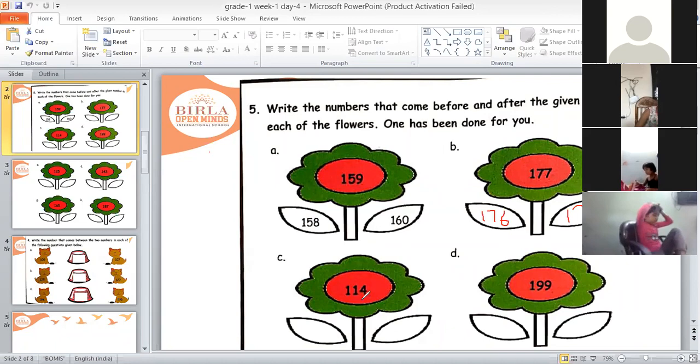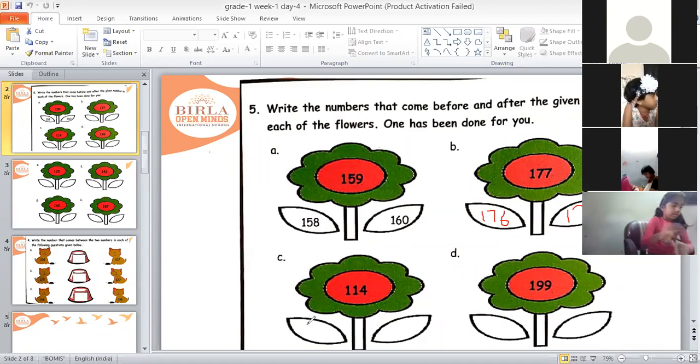114. No, I am talking about the number which is inside this flower. What is that number? 114. Okay, so now tell me what comes just before 114. Before means previous number.